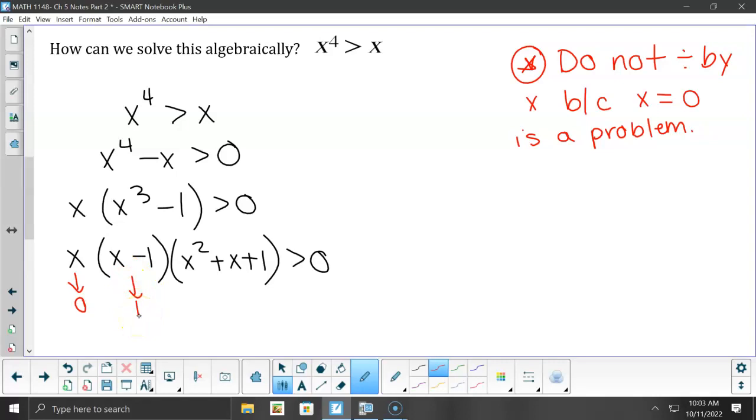Now, what happens with that x squared portion of it? Do we remember? With sum and difference of cubes, you've got 1 real and 2 imaginary solutions. So this right here is going to create your imaginary solutions.